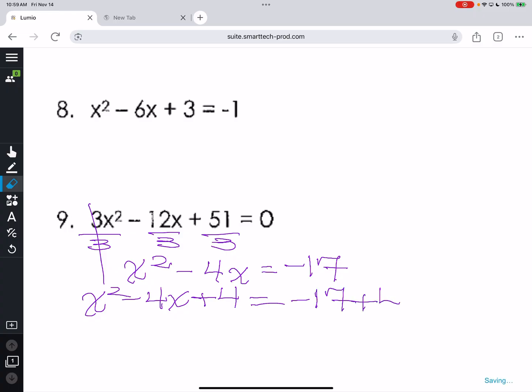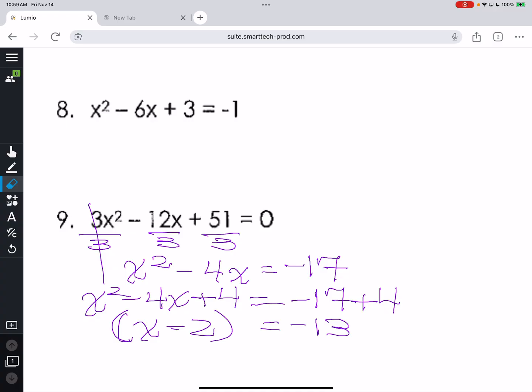So what did you get as the final answer? Negative 2i plus or minus 13? Your 2 is going to be positive because it's x minus 2.